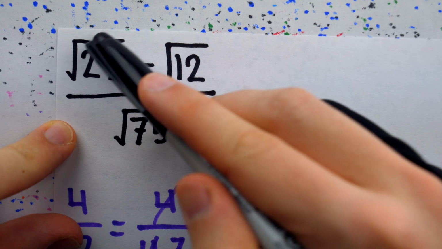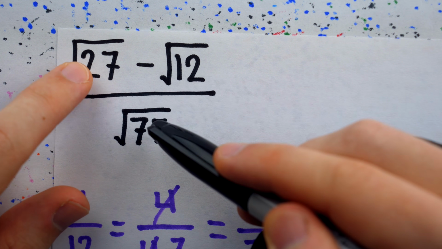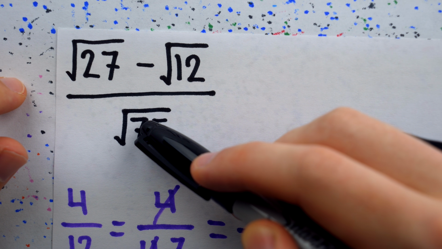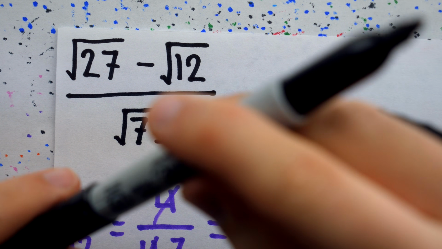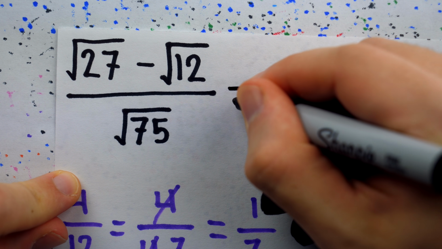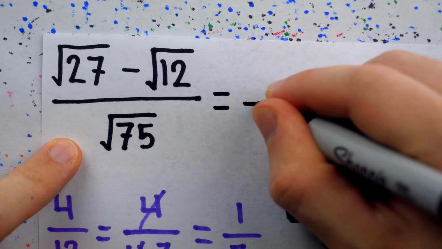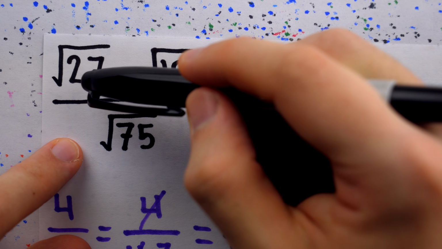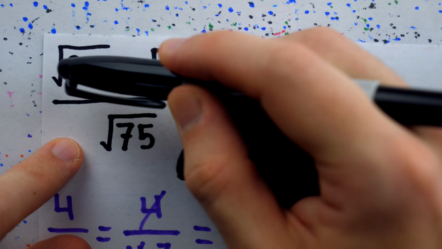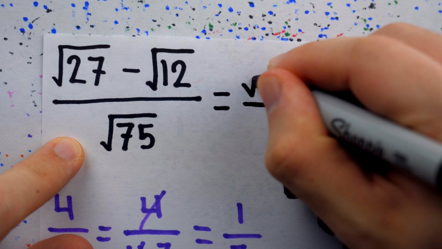Similarly, we look at these square roots and ask if these entire numbers really need to be inside of them. I don't know what the square root of 27 is, but it might have a factor whose square root I do know. Really, you just need to know your multiplication table and your square numbers here. You need to know that 9 is a factor of 27 and 9 is a perfect square.